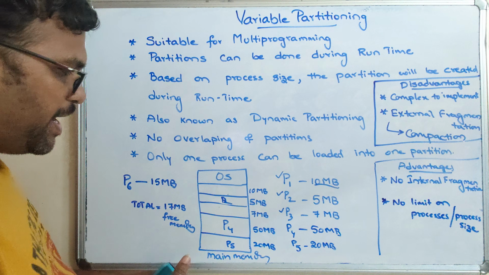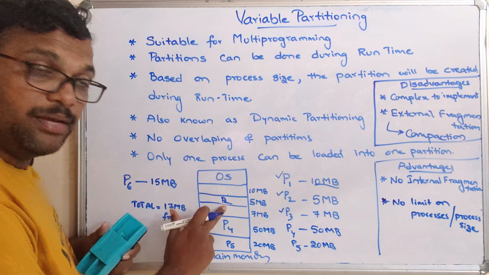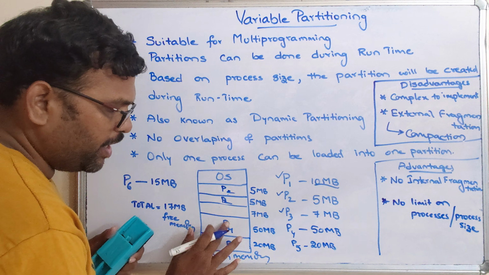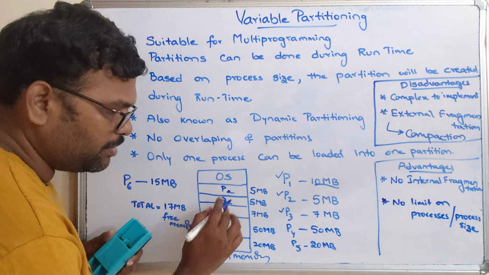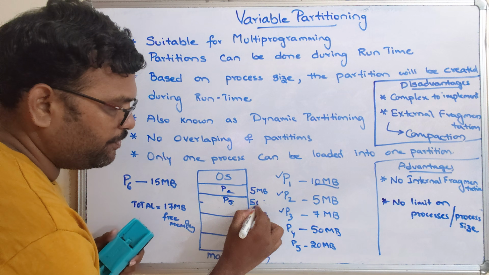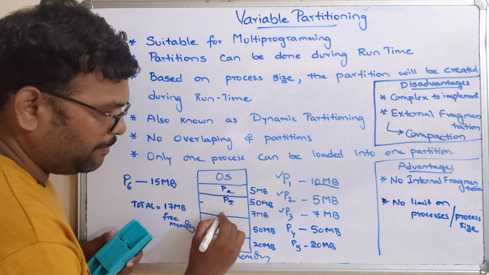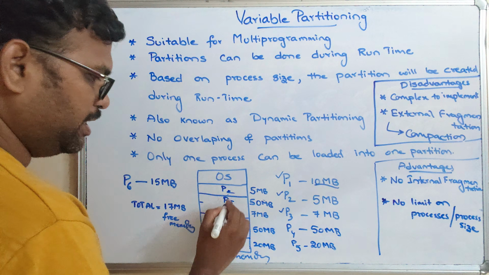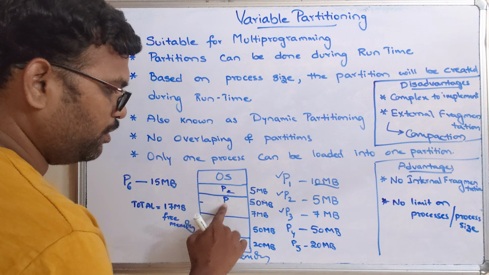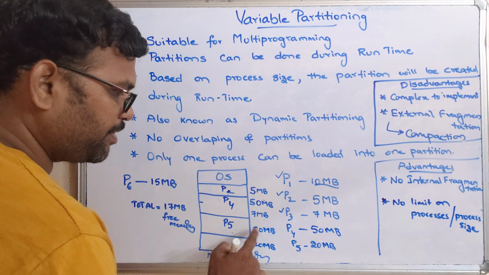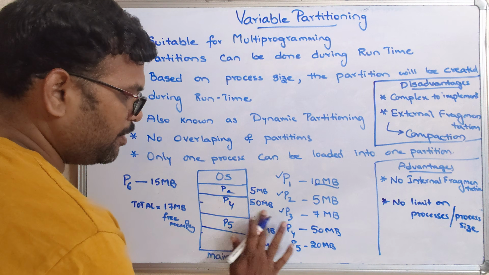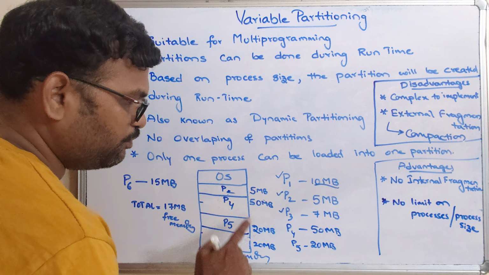For example, in the compaction of this one, P2 will be allocated here with 5, P4 is allocated here with 50 MB, and P5 is allocated here with 20, and all the remaining free space will be joined here.